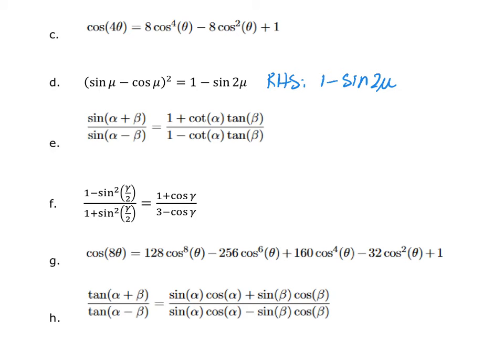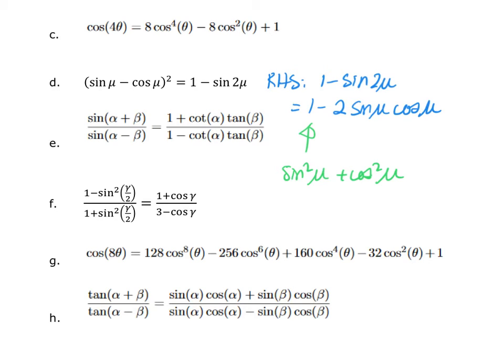Now I'm going to use the double angle. If you notice, I really like the double angle. So this is going to be equal to 1 minus 2 the sine mu, the cosine mu. But remember that 1 I can replace with the sine squared mu plus the cosine squared mu all day long, because we know that the sine squared theta plus the cosine squared theta is equal to 1.